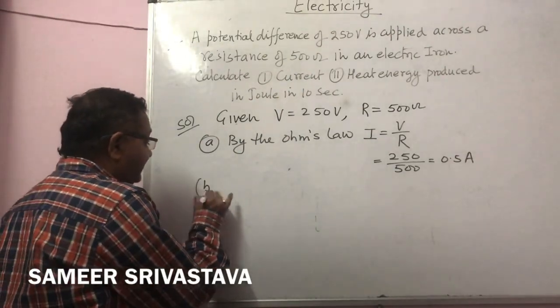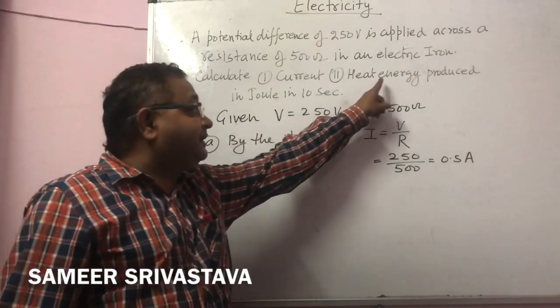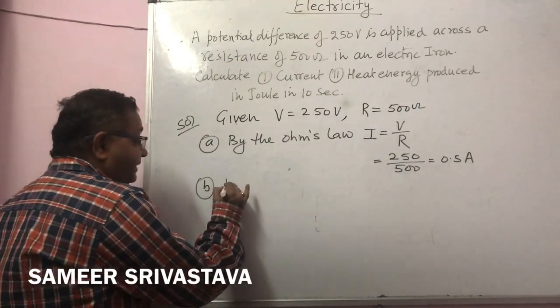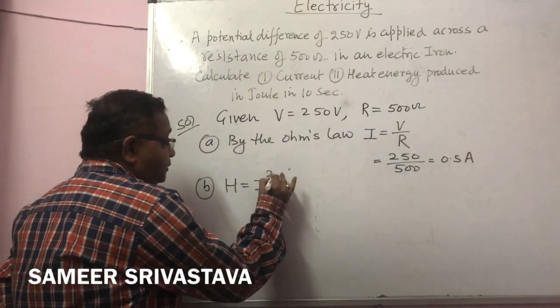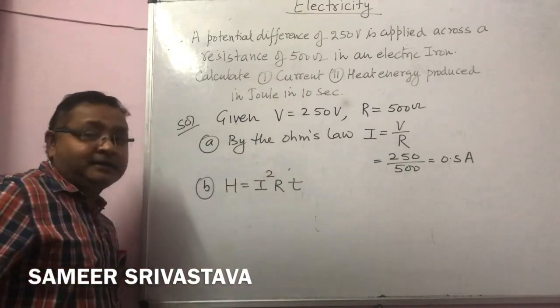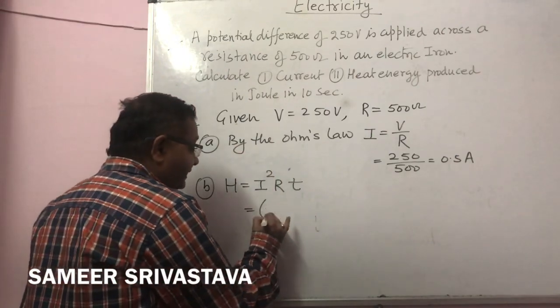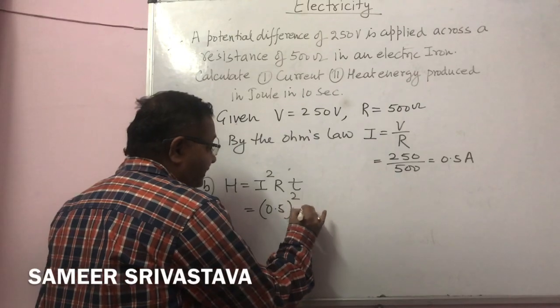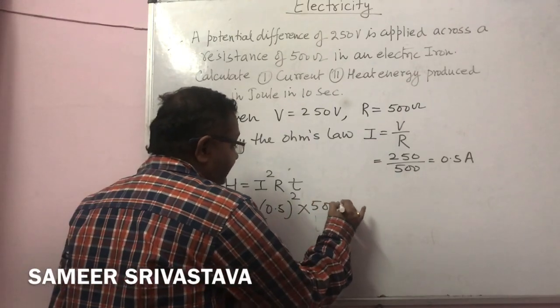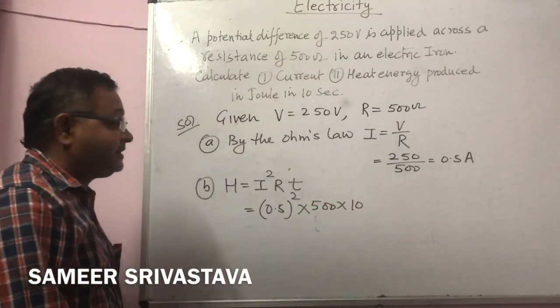What about the second case? We have to find the heat energy produced. The heat energy formula is I square R into T. Put the values here. I is 0.5 square, R is given as 500 and time is 10 seconds.